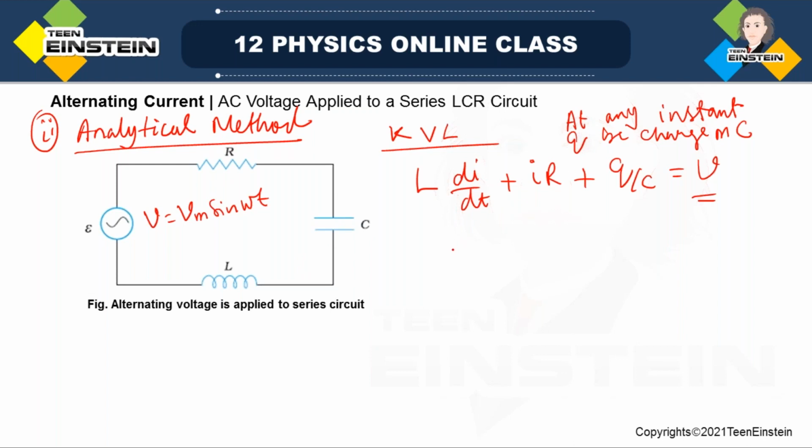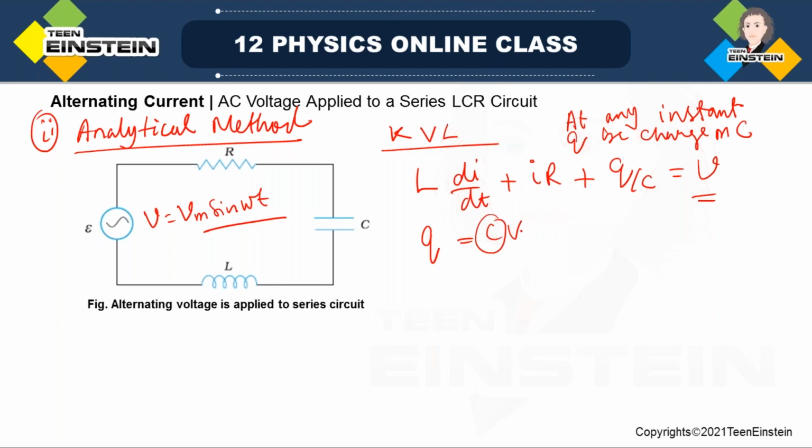Since this is an AC voltage, the charge will also be oscillating, both in magnitude and direction. Since the voltage is varying, we know Q is equal to CV.